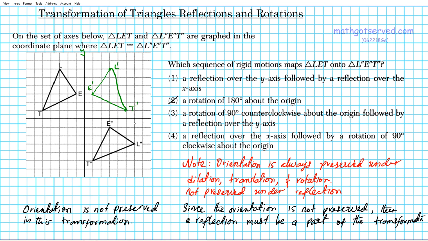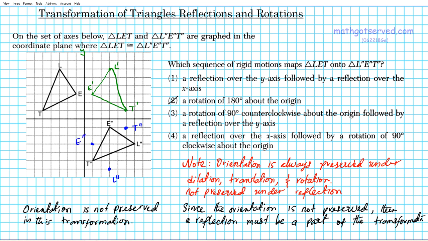Then a reflection over the x-axis: this one is going to go straight down, down 3, then down 1, and this one goes 1, 2, 3, 4, 5, 6. You're just flipping it down. So this is L double prime, T double prime, and E double prime.